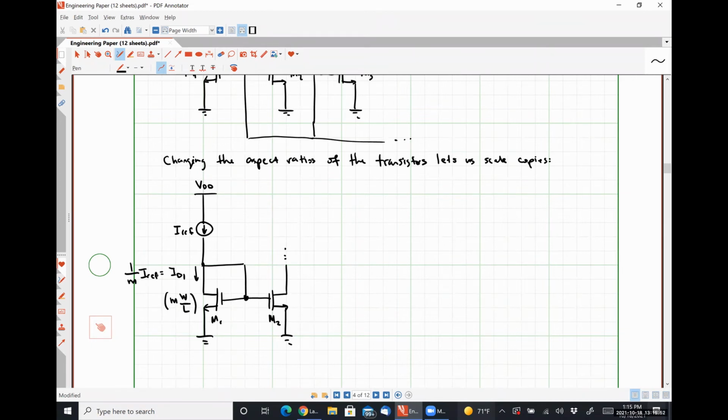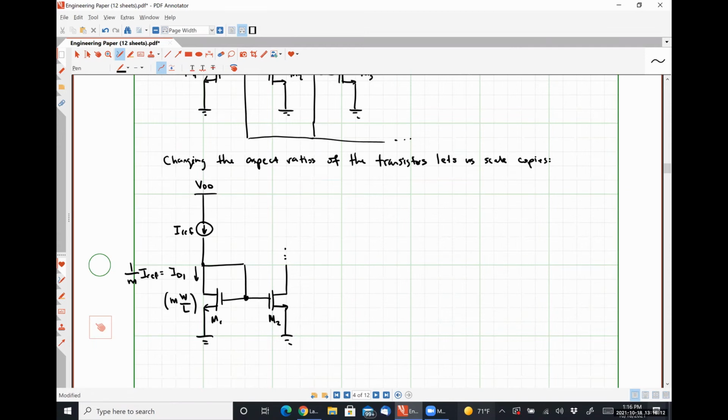So whenever I increase the width of a transistor, I can treat it as if it's multiple transistors in parallel. I think we talked about that probably close to 3 weeks ago at this point, right? Each one of those transistors will be carrying a portion of that current IREF. And so that's why we get this guy right here.